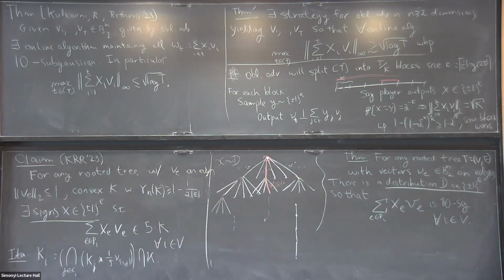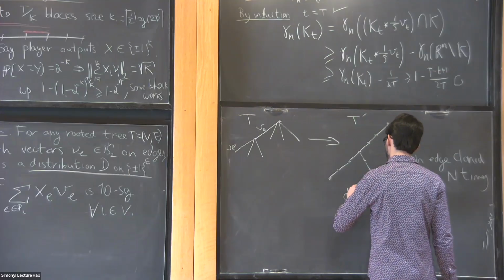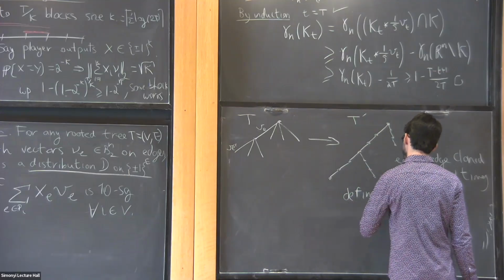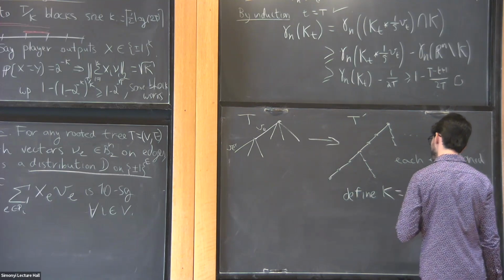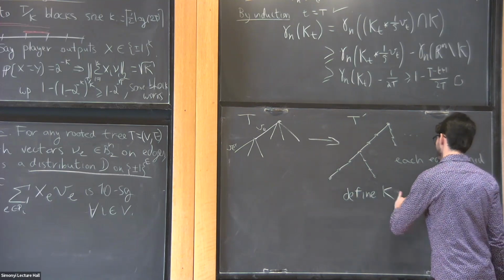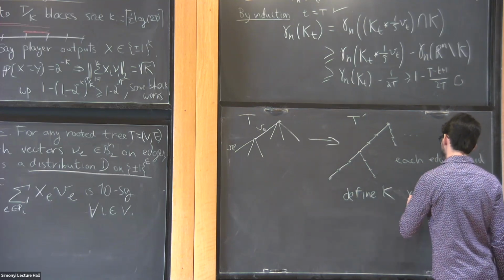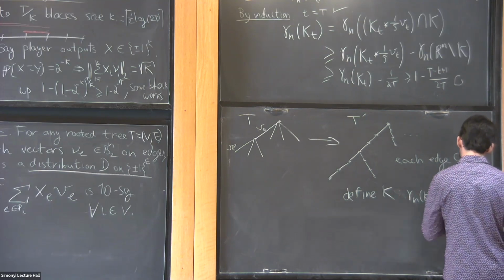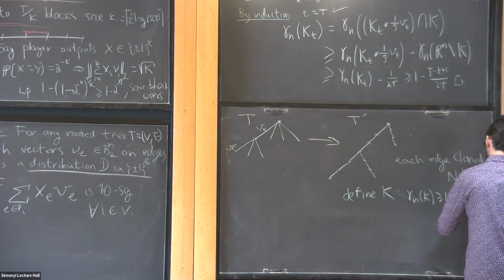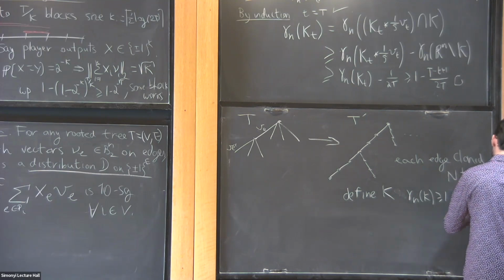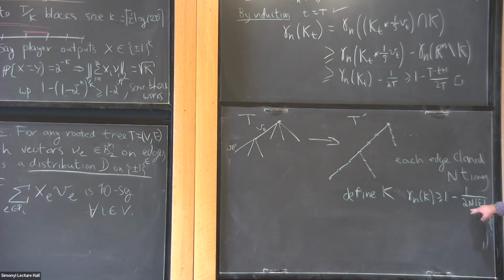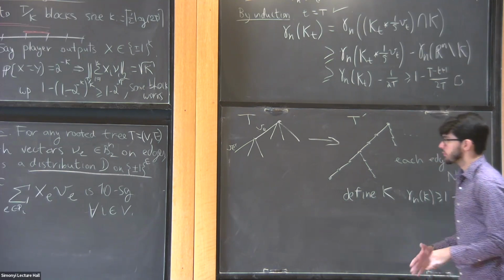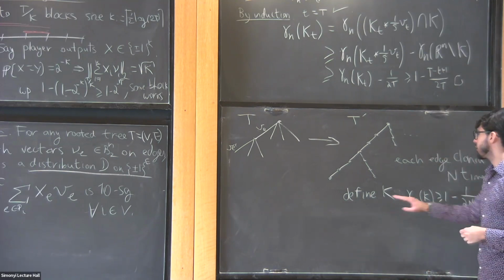So we'll define some large K that has measure that depends also on the big N. I'll produce some signing, which, I still need to define what this convex body is.